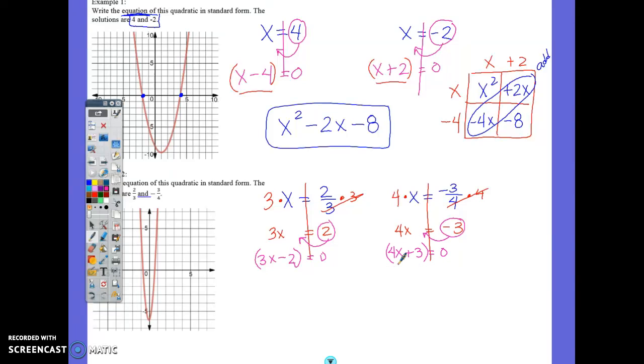So what do I do with the factors? Put them in the box because we need to multiply them, right? So I have this box that I'm going to multiply 3x minus 2 and 4x plus 3.